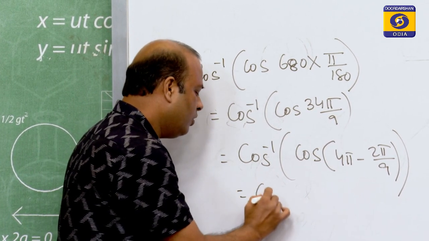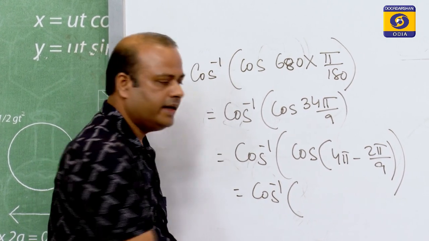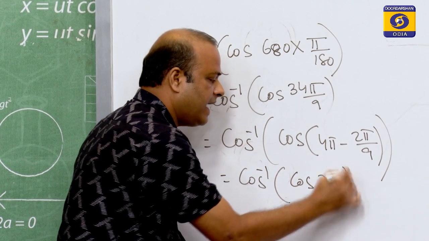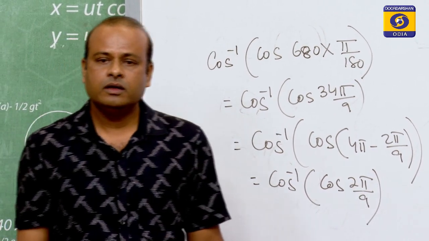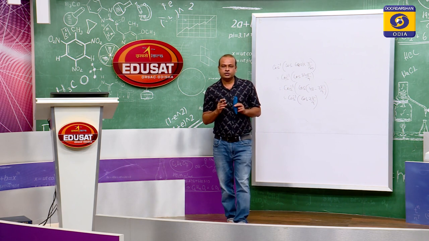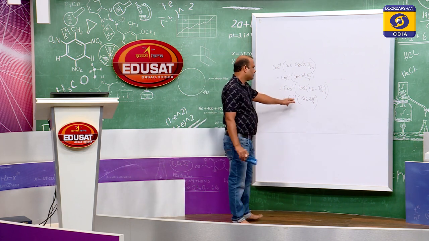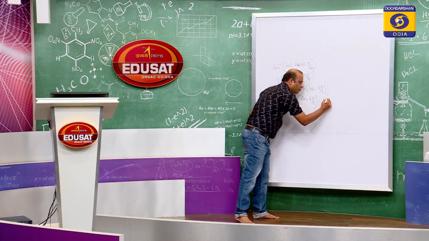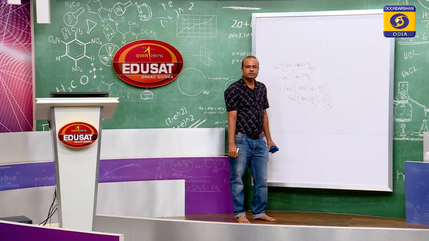And you know cos inverse cos of 4 pi minus theta is cos theta, that is cos 2 pi by 9, and this lies in the closed interval of 0 to pi, so cos inverse cos of this is 2 pi by 9, right.